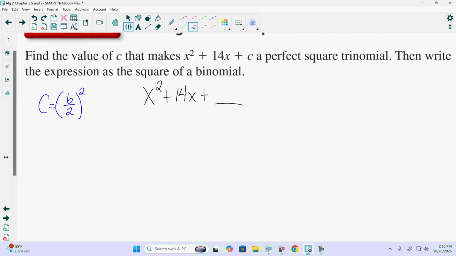The general equation for a quadratic is ax squared plus bx plus c. And when we're doing this completing the square, the value of a will be 1. The value of a is going to be 1. And if it's not, we're going to make sure it is.